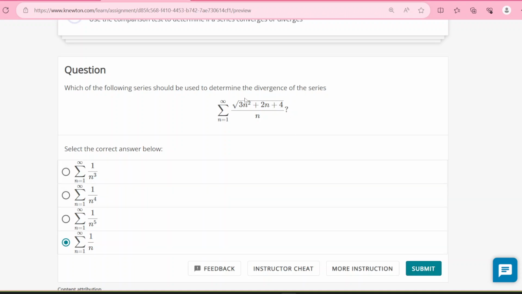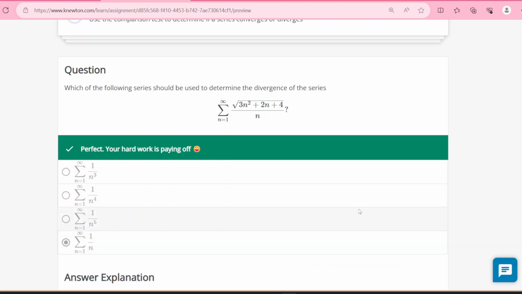I don't like this because the terms of this series aren't even going to 0. So there's no point in doing a comparison test or limit comparison test or integral test or any of those tests. If the terms aren't going to 0, the series is divergent. So of these choices, the only other divergent series would be the 1 over n, the harmonic series there.